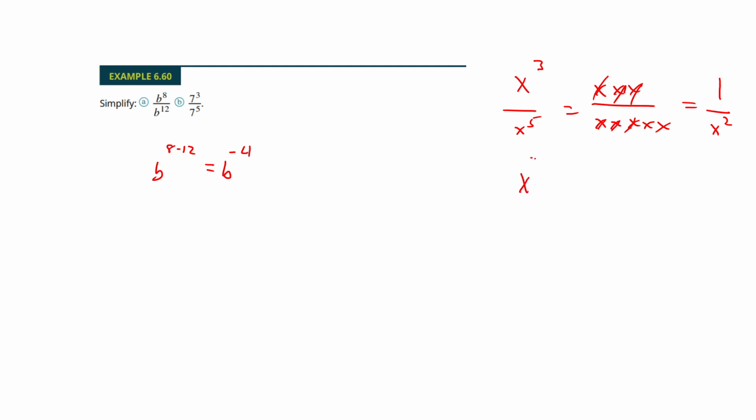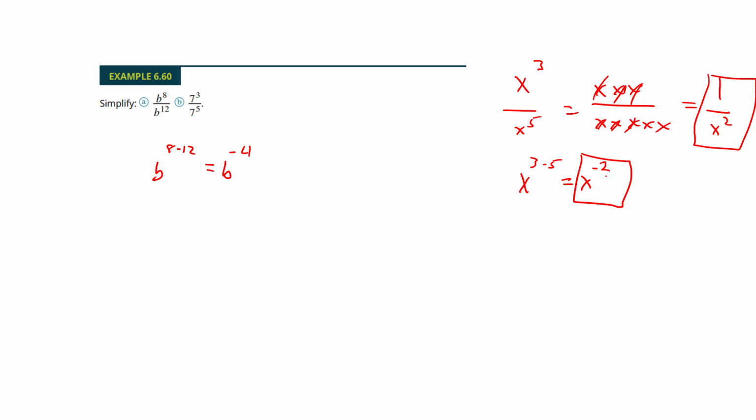We say x to the third minus 5 is x to the negative second, right? If that principle holds true, doesn't it have to be true here? Well, here's what I'm getting at. x to the negative second must be the same thing as 1 over x to the second. And so if you have a negative exponent, what you can do is you can move it across the fraction line down to the bottom.